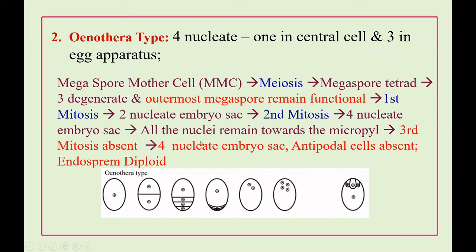But here in Oenothera type, the endosperm is diploid in nature, and the antipodal cells are totally absent. So this is a very interesting phenomenon, and this is called the Oenothera type of development. The Oenothera type of development is usually seen in Onagraceae family members.